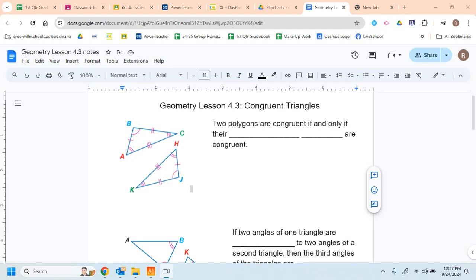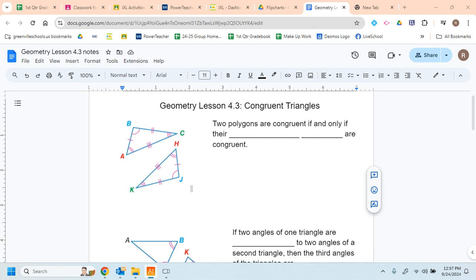All right, we're going to talk about congruent triangles. We know that two polygons are congruent if and only if their corresponding parts are congruent. In this case, A goes with H because they both have two congruency dashes or arcs.